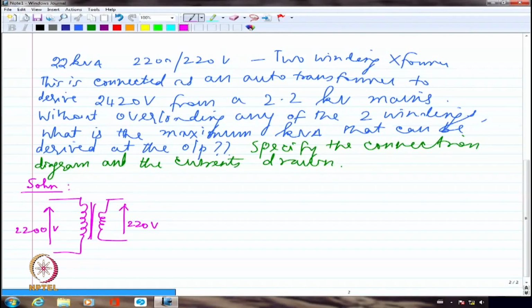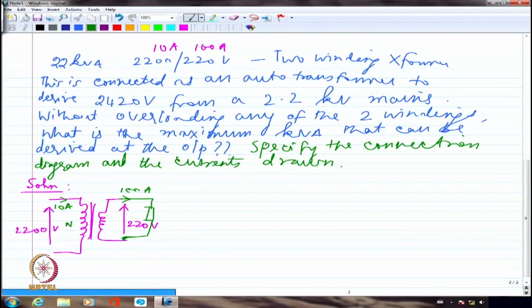So let me specify those currents as well. This is going to be 10 ampere, and if I connect a load here, whatever is the load value, this is going to be 100 amperes. And let's say this has N1 turns and this has N2 turns, 10:1.